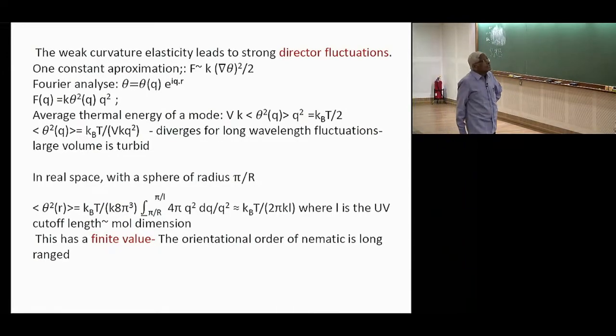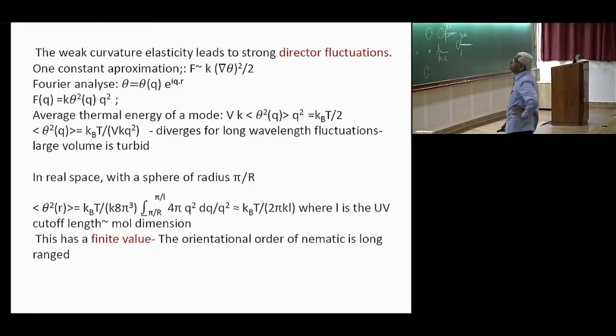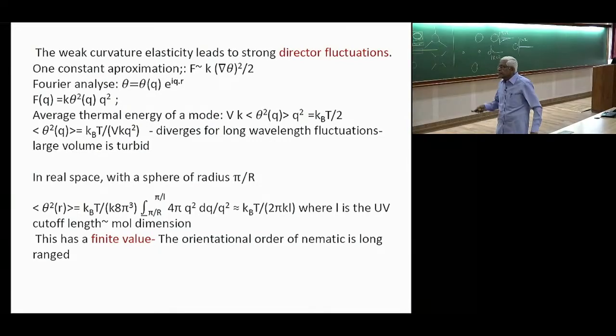So the weak curvature elasticity leads to strong director fluctuations. In a one constant approximation, the free energy density is just average K times grad theta squared over 2. This is a typical way you handle such a problem. We will see a couple of examples later. You Fourier analyze theta as theta q e to the power i q dot r.